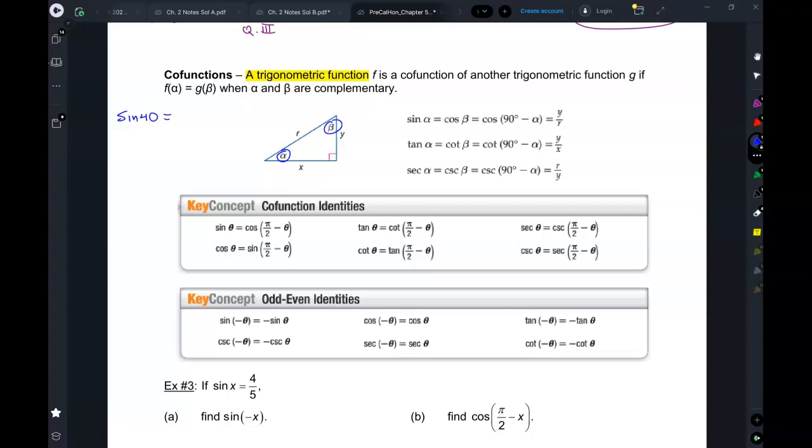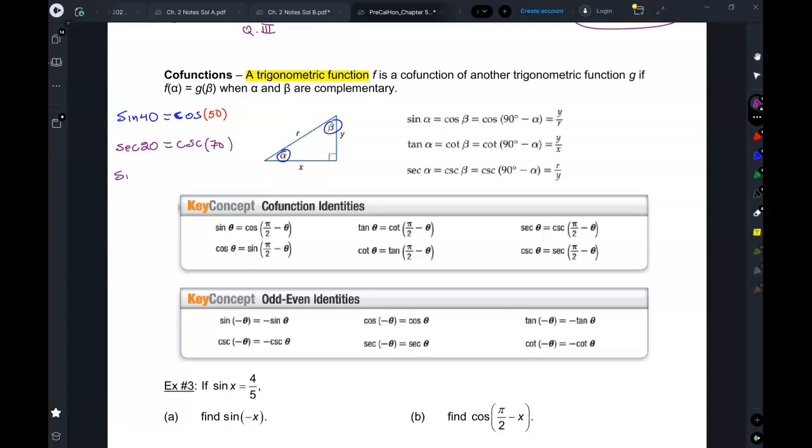So if you have sine of 40, that's exactly the same as cosine of the complement, which is what? 50. So if you have, for example, secant of 20, that's the same as cosecant of what? 70.